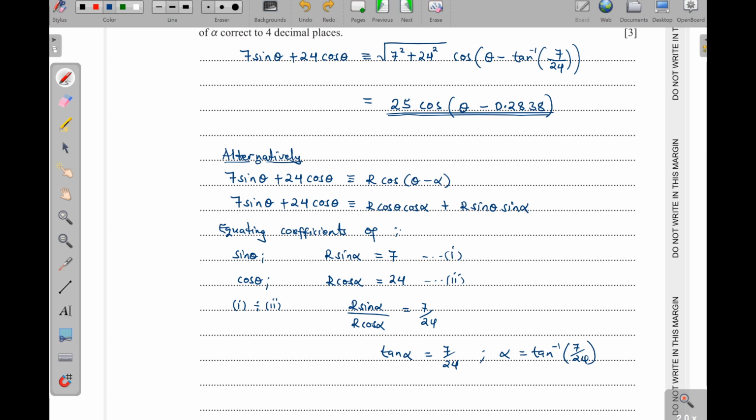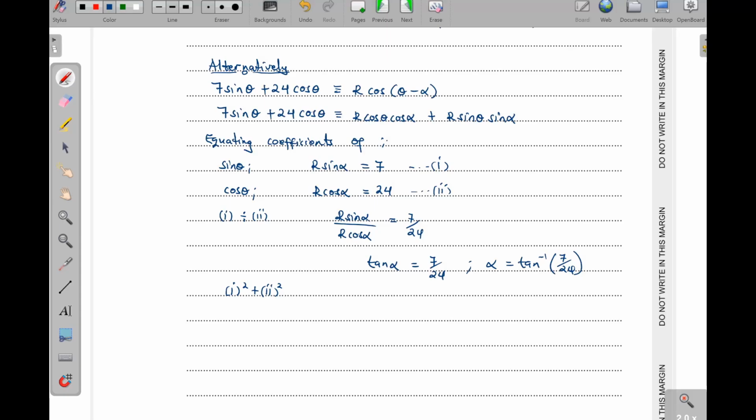Then we can also take equation 1 and square it, take equation 2 and also square it, and then add them. Why? Because we know there is a relationship between cosine and sine. So r squared sine squared alpha plus r squared cos squared alpha is equal to 7 squared plus 24 squared. R squared is common, so I can factorize it out.